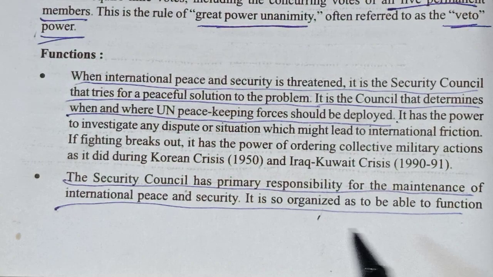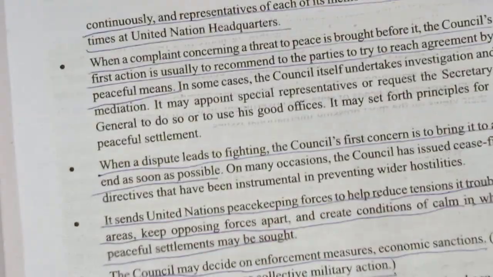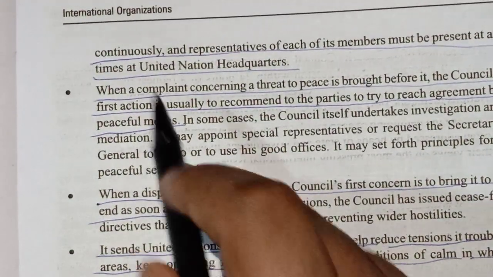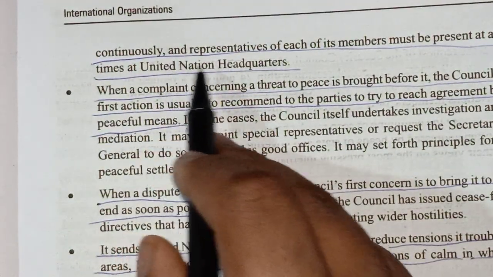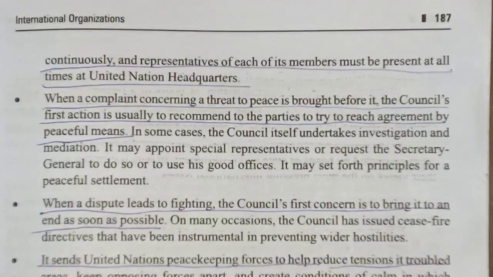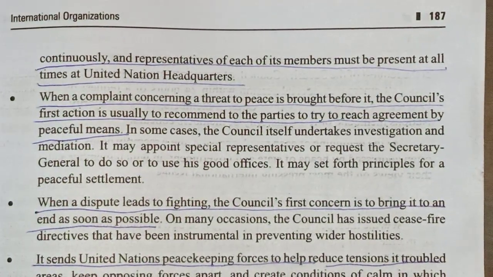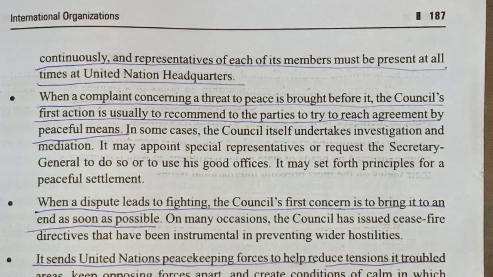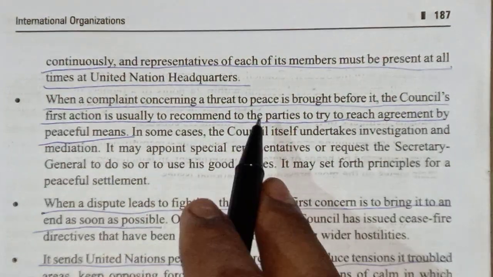It is so organized as to be able to function continuously, and representatives of each of its members must be present at all times at United Nations headquarters.